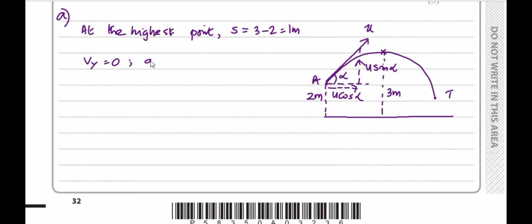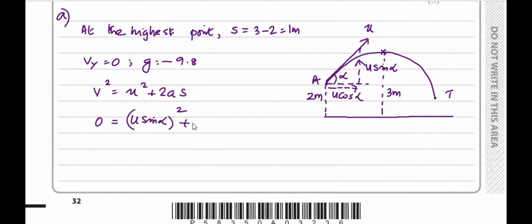And then what's the acceleration due to gravity? Let's take anything that goes up as positive and anything that comes down as negative. So it is minus 9.8. Therefore, using the formula v squared is equal to u squared plus 2as, we can say v, the vertical component, is 0 at the highest point, and u is the initial vertical component of the velocity, that is u sine alpha, squared, plus 2 times minus 9.8 times the displacement at that highest point, which is 1.